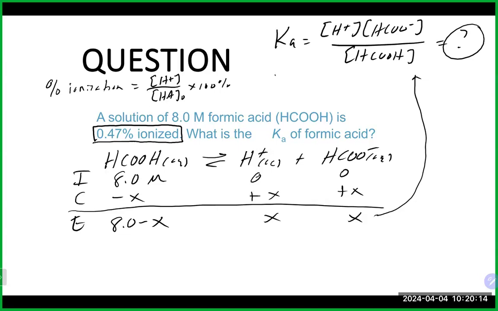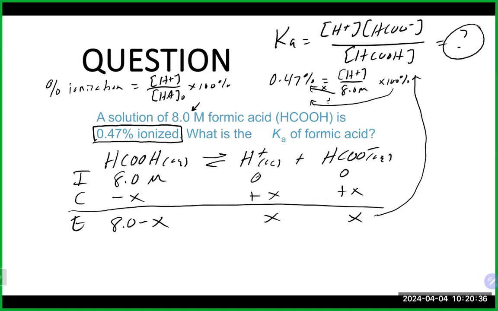So we know that the percent ionization is 0.47% equals the H plus concentration. We know the initial concentration of our acid was 8 molar times 100%. So we basically will multiply the 8 to the other side and then come back and divide by the 100% afterwards.